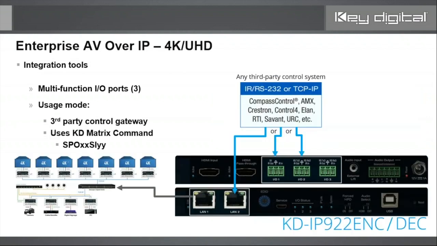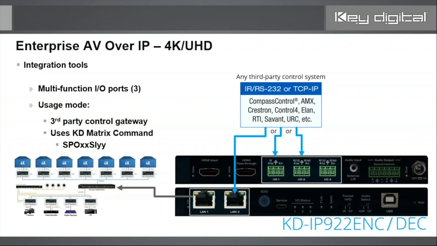Now, with your third-party control system, we initially thought that most customers would actually use these ports so that their AMX or Crestron or Control4 system would plug in over RS-232 or over the network, and they would be able to control the system. And that's very easy with us, actually.